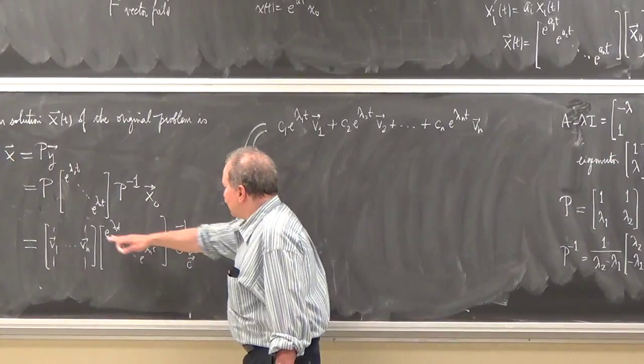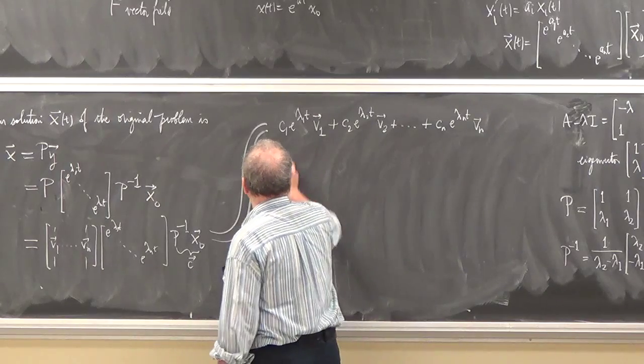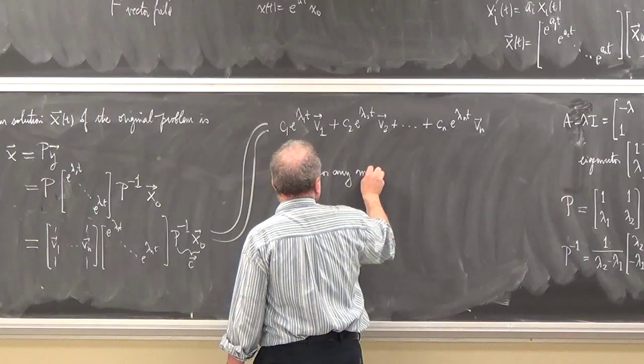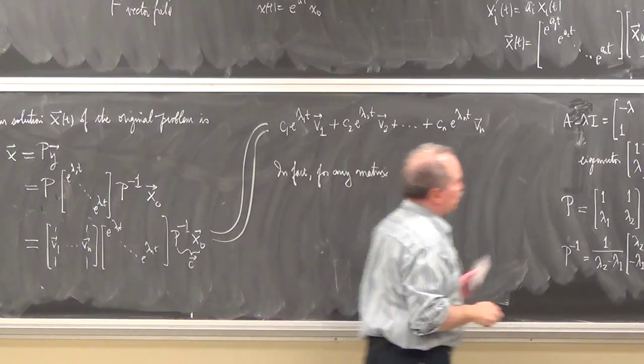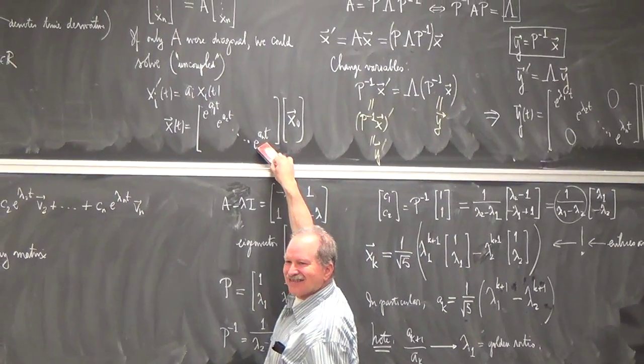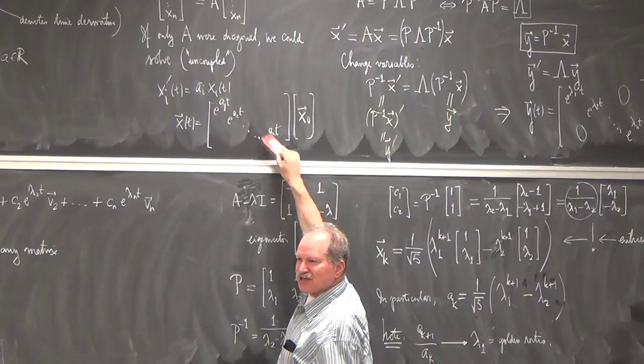But in fact, what's going on here is, for any matrix A, it's not just diagonal matrices where I just stuck in e to the constant times t on the diagonal.